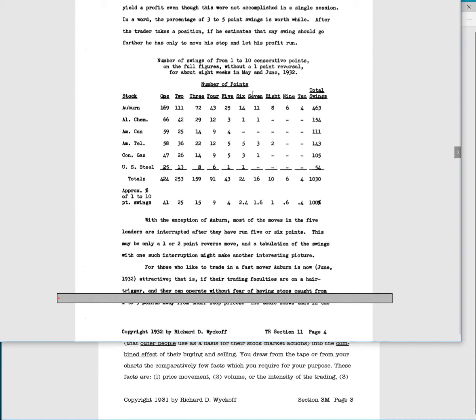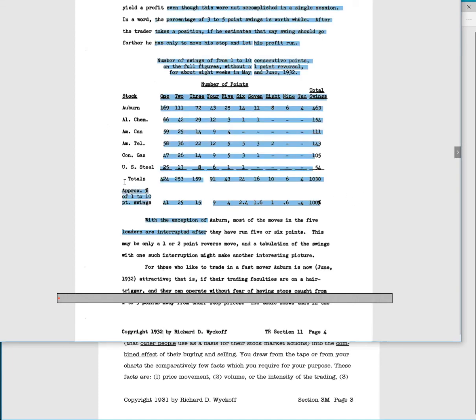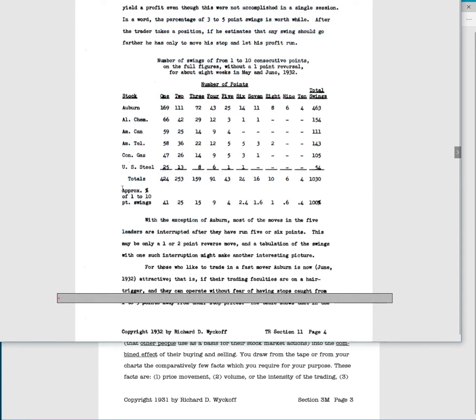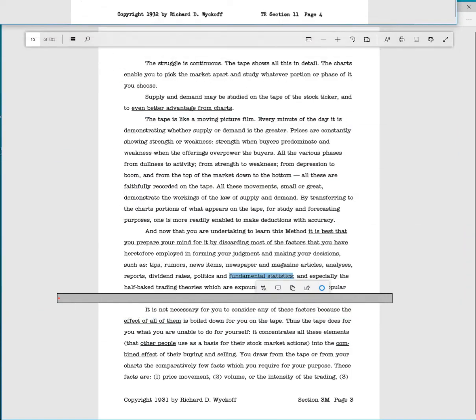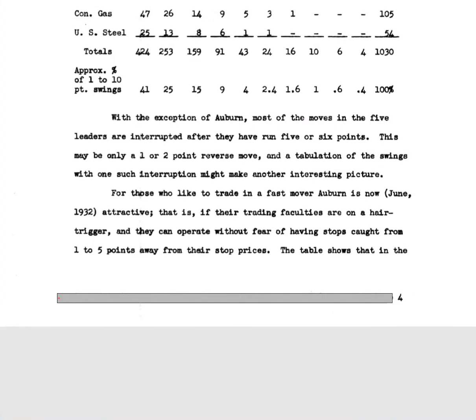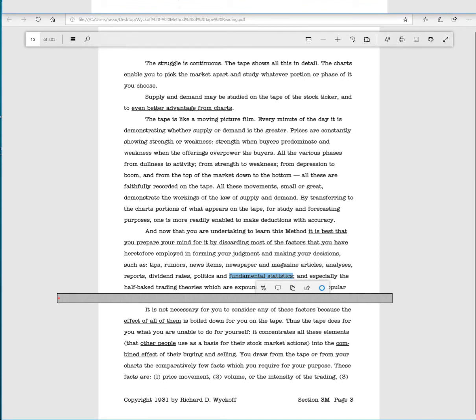So anyway, I'm not going to go into all that. But the point here is these are statistics. So if someone says you don't use statistics, this is his work. These are all statistics. See, here's a tabulation, etc. Anyway, so this statistics is different than the statistics that he's talking about here.